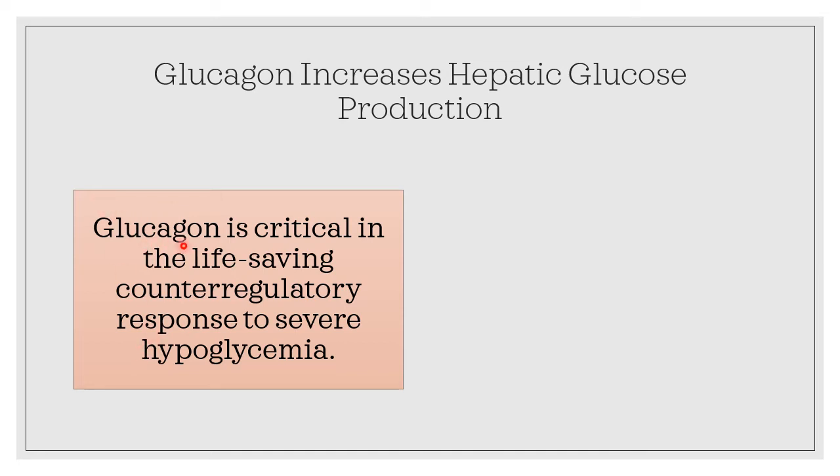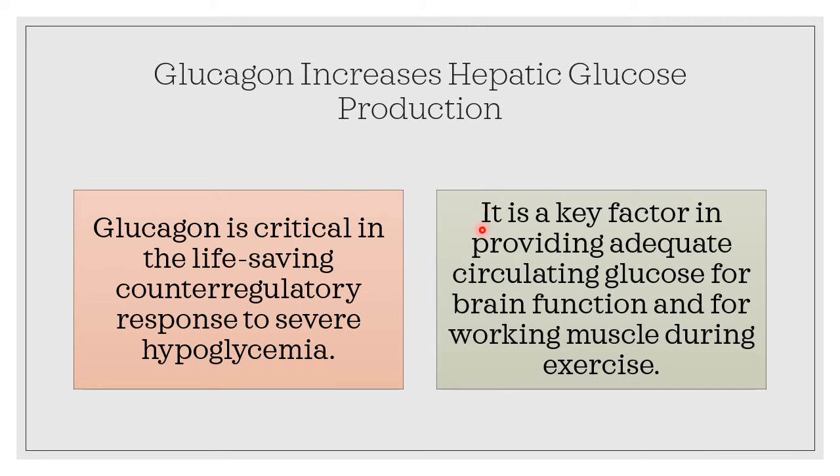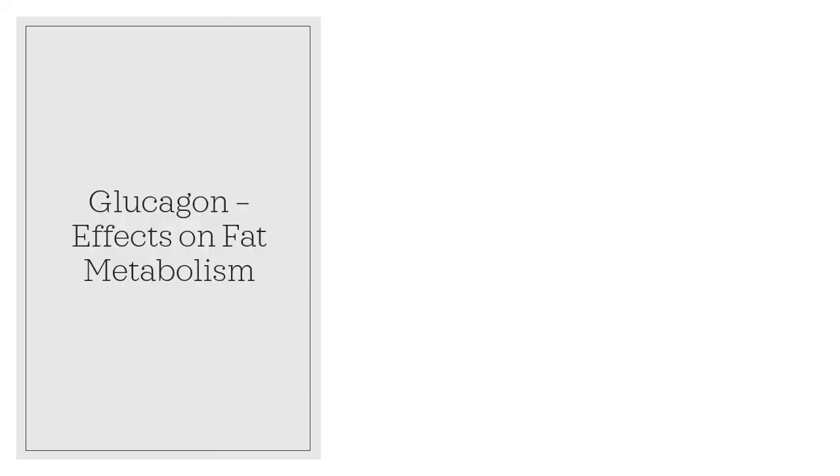So the role of glucagon is that it can be a critical life-saving regulatory mechanism in order to prevent the severe hypoglycemia. It is also a key factor in providing adequate circulating glucose for brain function and for working muscle during exercise. How about the effects of glucagon on fat metabolism?